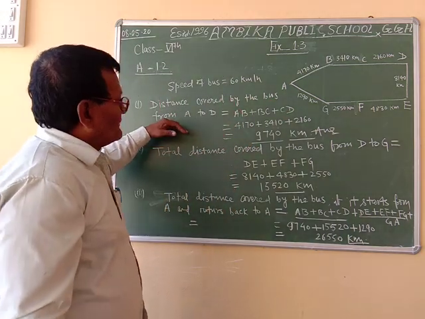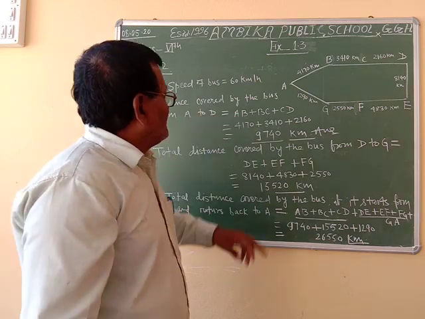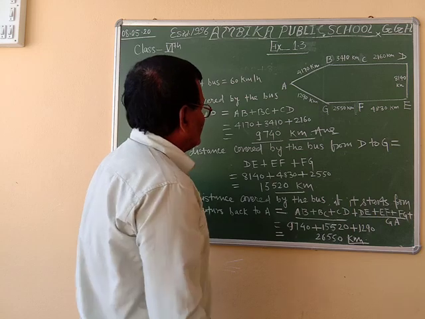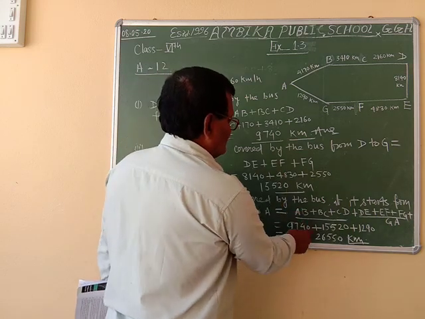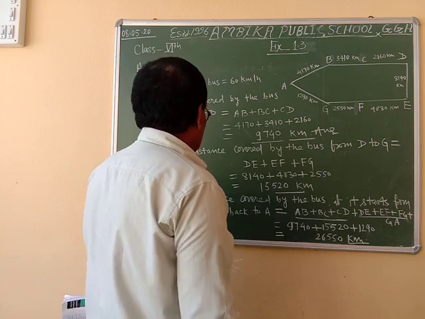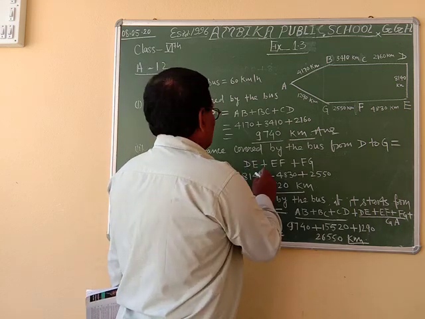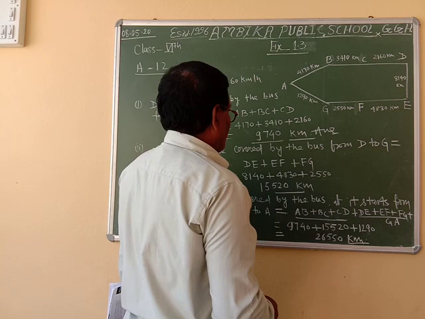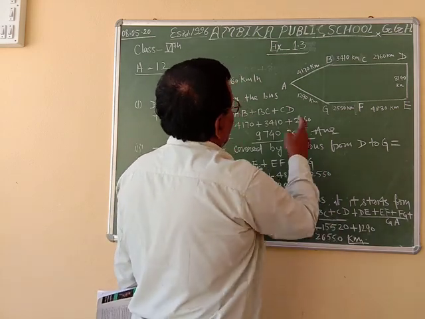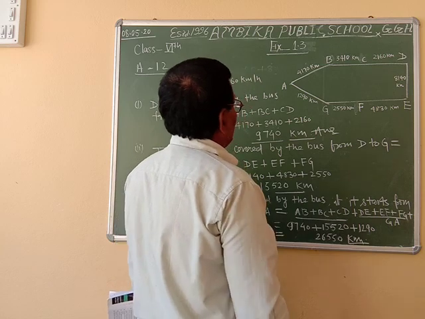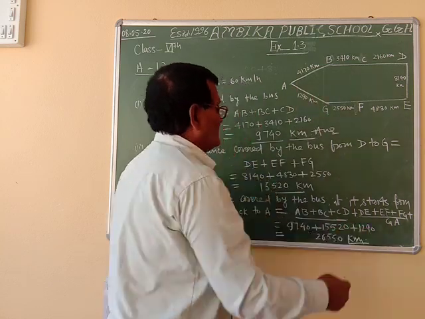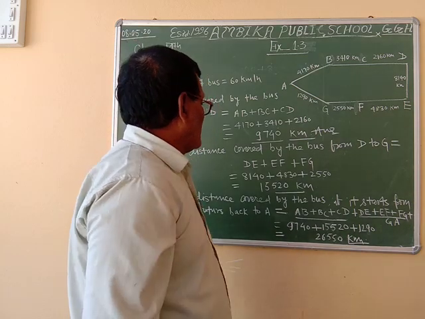AB plus BC plus CD is equal to 9,740 kilometers, and distance traveled by bus from D to G is equal to 15,520, and the distance covered by bus from G to A is 1290 kilometers.